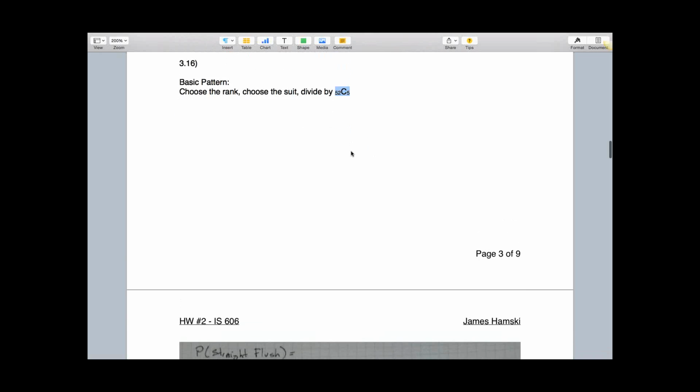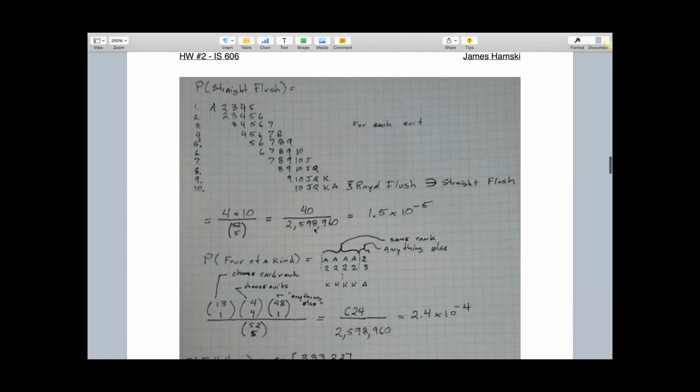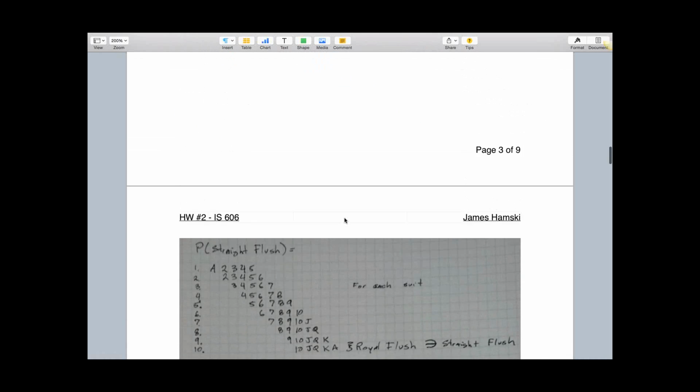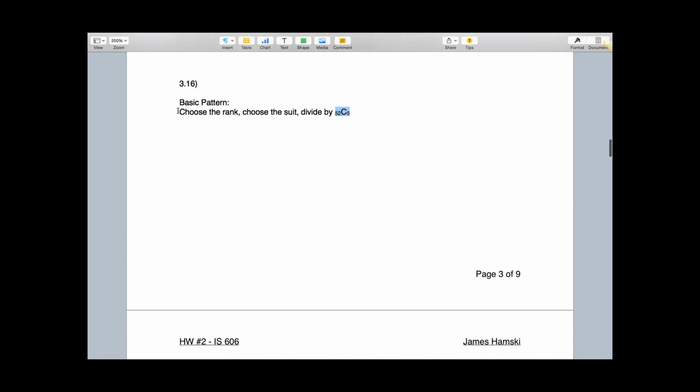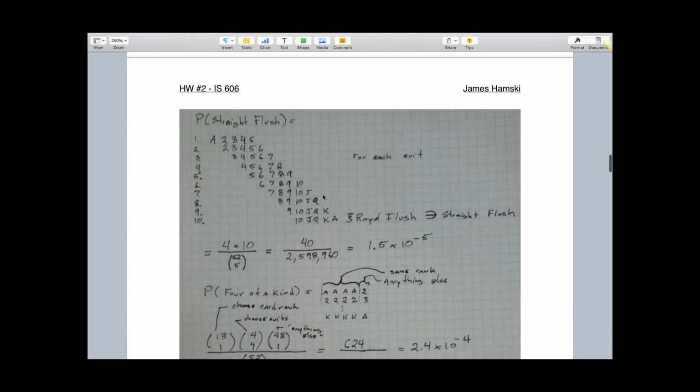So that denominator for really every single hand is going to be 2,598,960. And then for a lot of them, the top part is just the combination that chooses the rank, so ace, 2, 3, 4, and then choosing the suit, so one of the 4 suits.